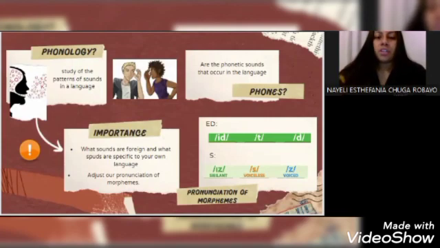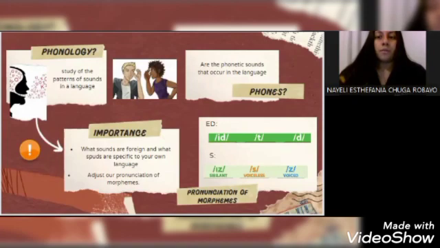Then we have the pronunciation of morphemes. The pronunciation of words ending in -ed depends on the final consonant. There are 3 ways to pronounce -ed at the end of a word. For example, "id": wanted or needed.